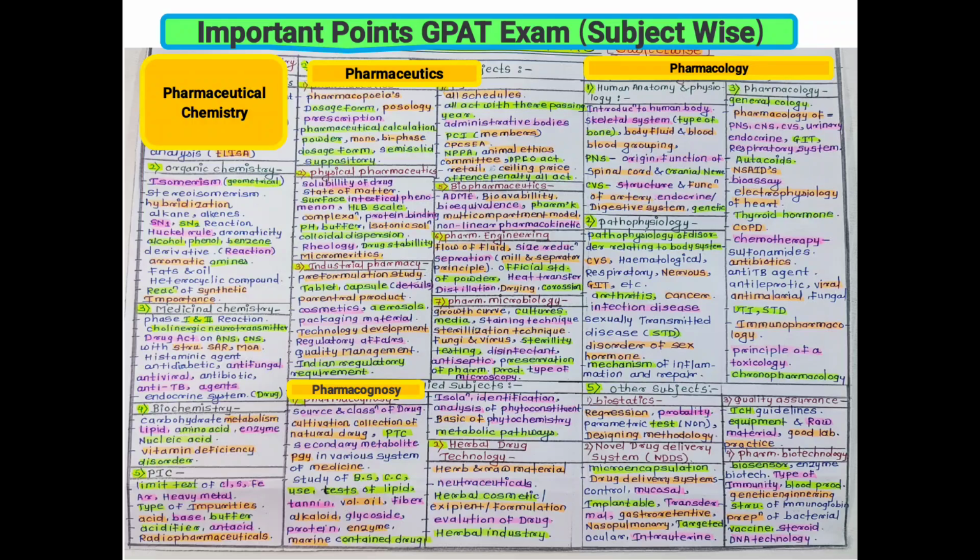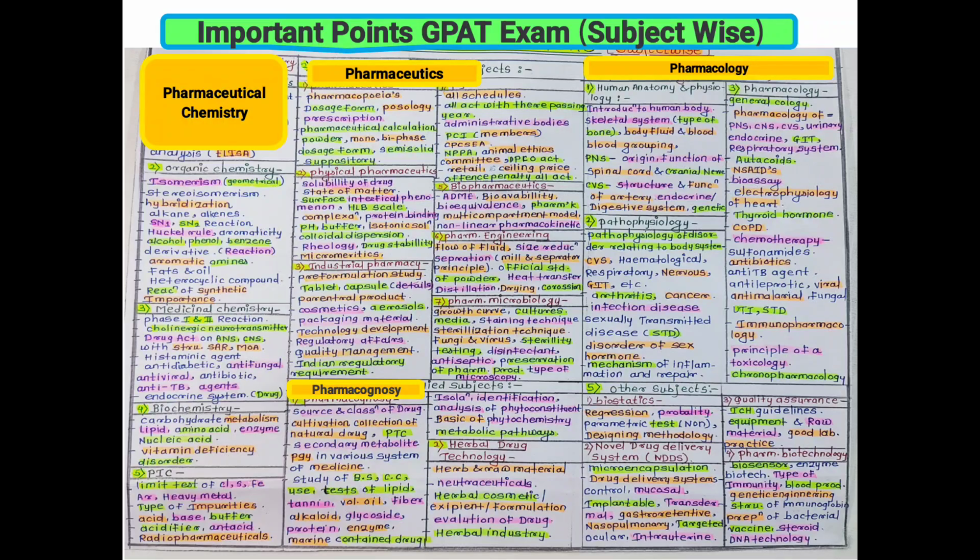Next, the third year subject, that is pharmaceutical jurisprudence. In that, you have to learn various schedules, which are very important from the GPAT point of view: Schedule G, Schedule P, Schedule Q, Schedule R, Schedule S, standards for cosmetics, and good manufacturing practice.